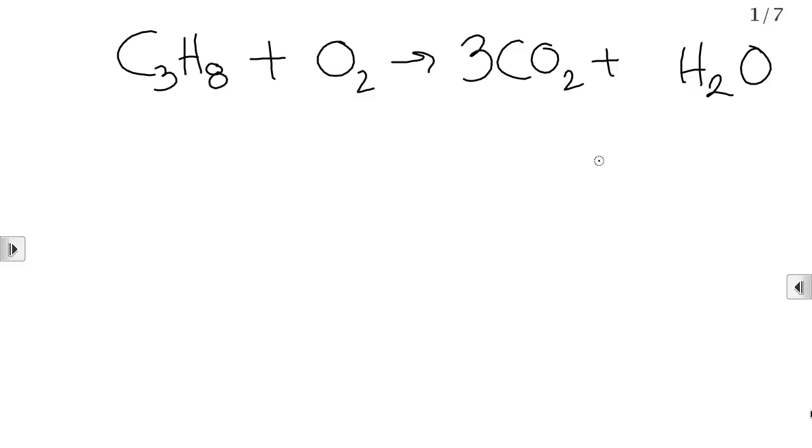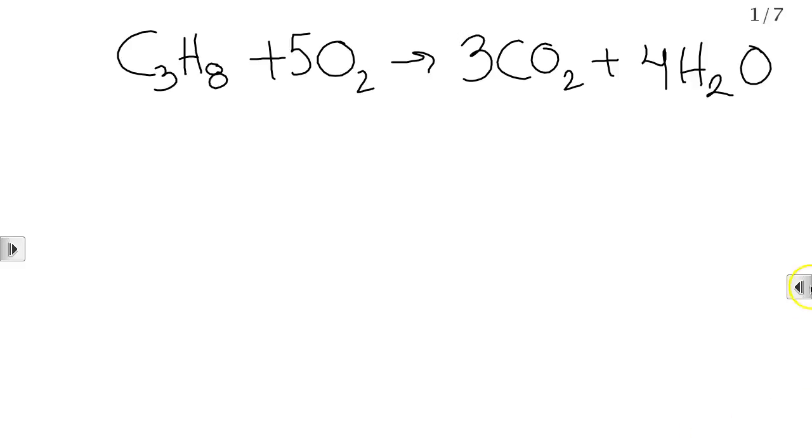This one's half as much because it gets multiplied by 2. Now I have to take care of my oxygens. I have 6 plus 4 is 10. That's a 5. Done. Works every time. And sometimes when you go back to fix your oxygen, it'll be an odd number and you just have to multiply all by 2. But you can totally write it out, and if you do write it out, write CHO.